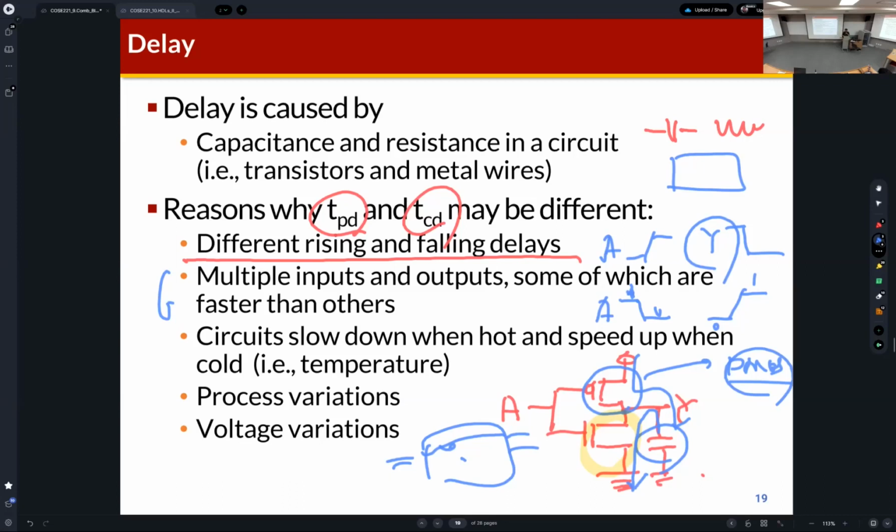Also, the characteristics of resistance. These resistance factors and capacitance factors can be changed by temperature. Okay, so actually, I believe some of you remember that Samsung, I forgot the name of the game.